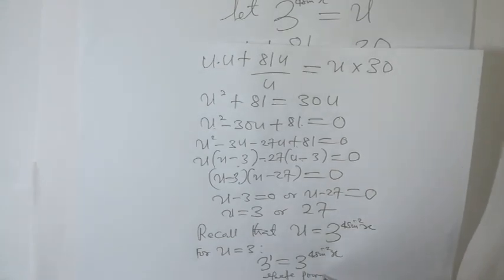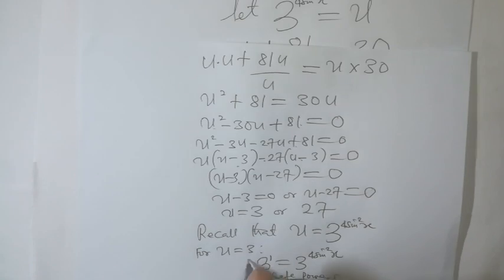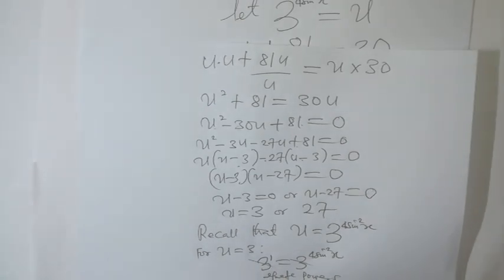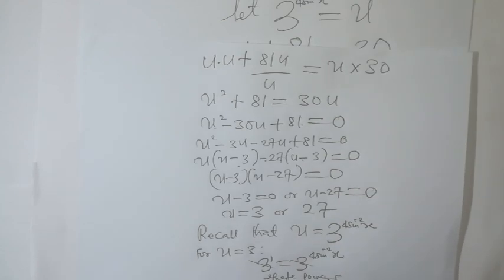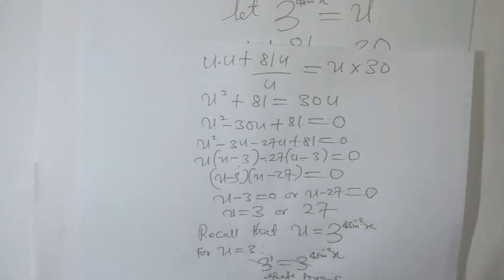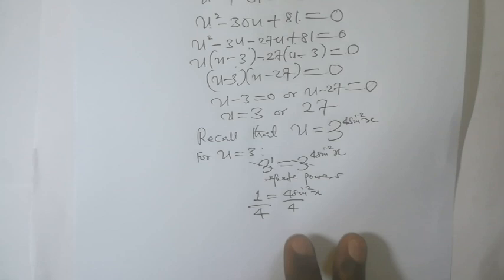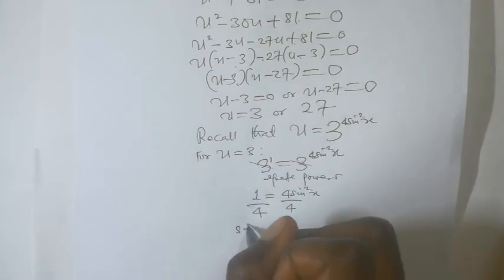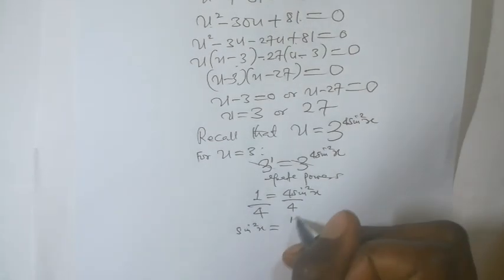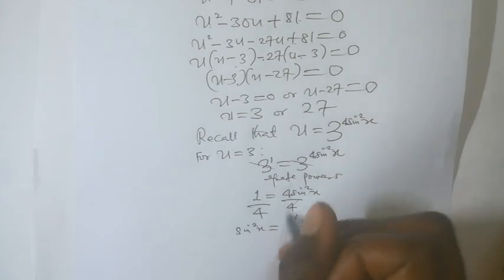If you equate powers, just 3 and 3 will go. We now have 1 is equal to 4 sine square x. You divide both sides by 4. We now have sine square x is equal to 1 over 4.